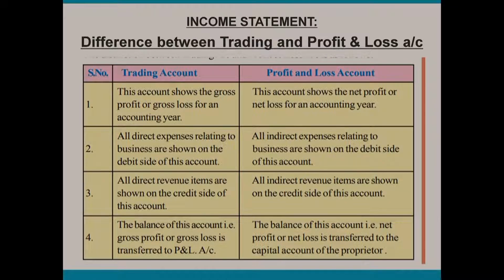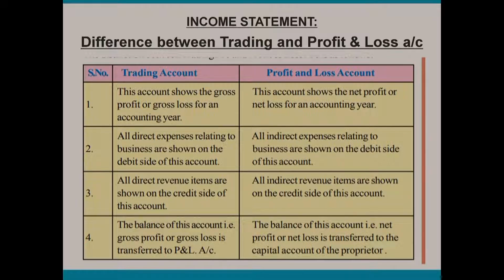The advertising, the distribution expenses, the expenses on selling of goods. Those are indirect expenses, and they are shown on the debit side of the profit and loss account.